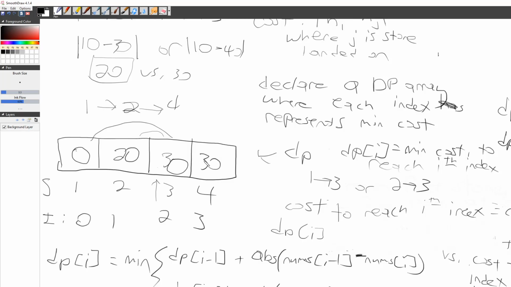And so your minimum cost to reach index 4 is 30. Honestly, the key takeaway here is just this recurrence relation right here.